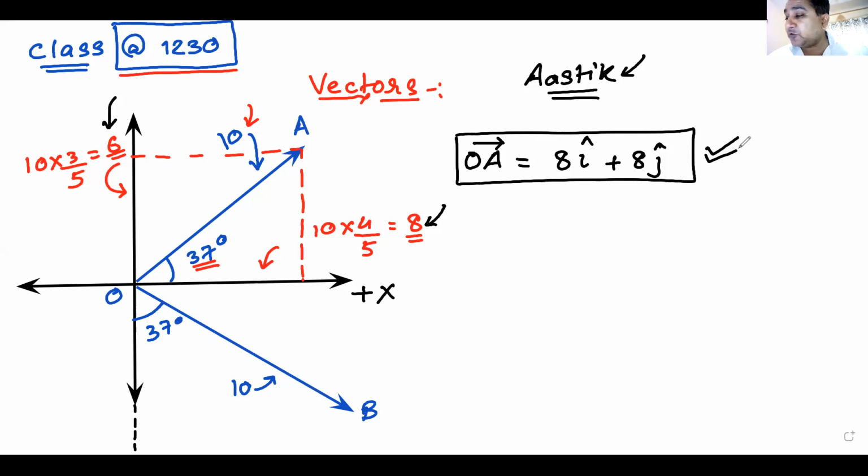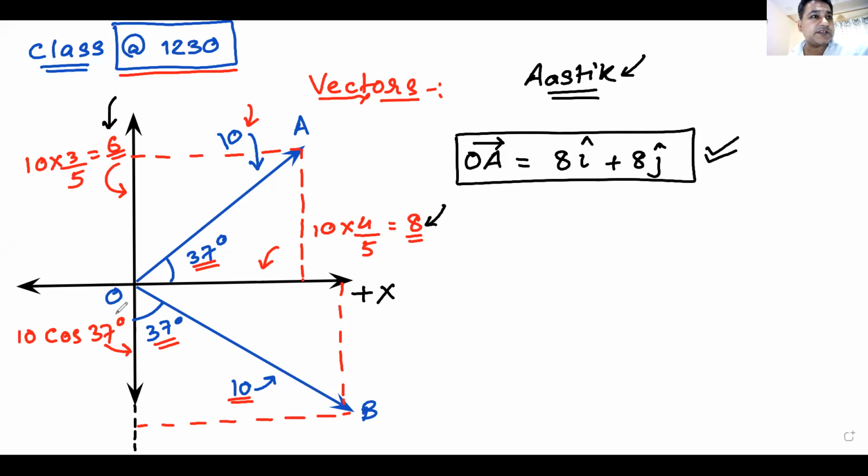Let us go on to that OB vector. So I drop a perpendicular here and I drop a perpendicular here. This is 10 units. This is 37. So this will become 10 cos of 37. I hope everyone understands this. Cos of 37 is how much?